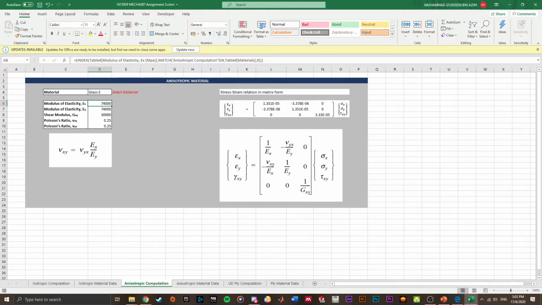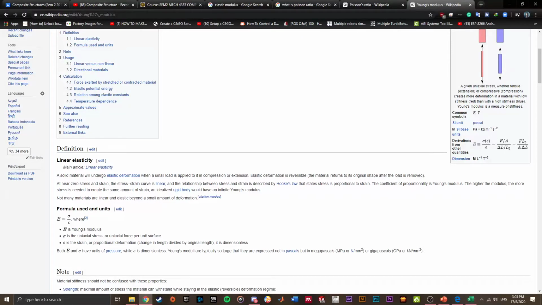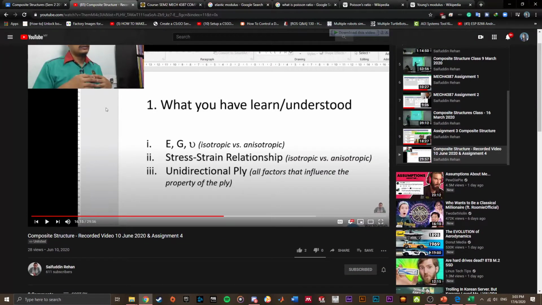Okay, next, I'm going to talk about the unidirectional ply. Okay, this is what is more in real life situation, because composite structure is actually the combination of the matrix and fiber.